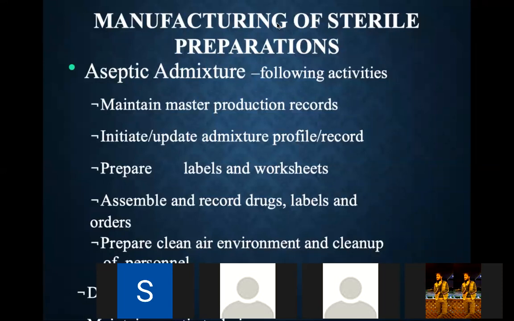In a sterile area you must have clean air, because there must be a HEPA filter through which contaminated air cannot enter that area. So personnel must be cleaned up. Drug addition you have to do. So these have to be followed in an aseptic admixture area.